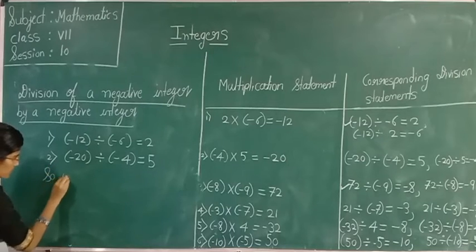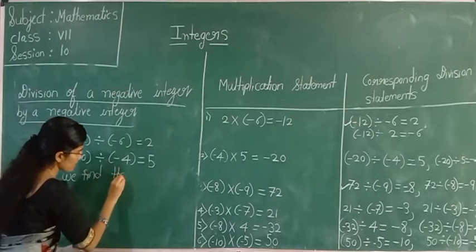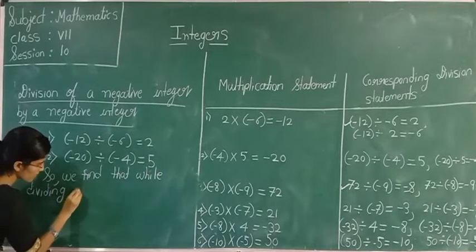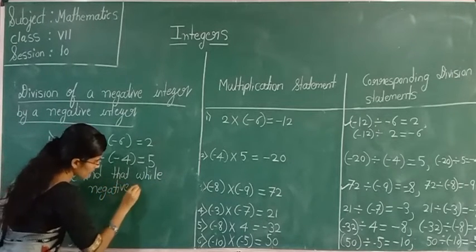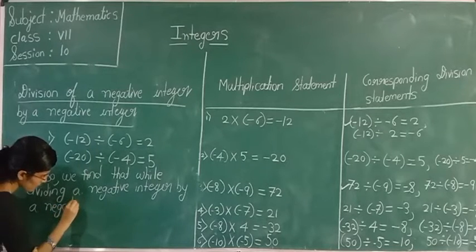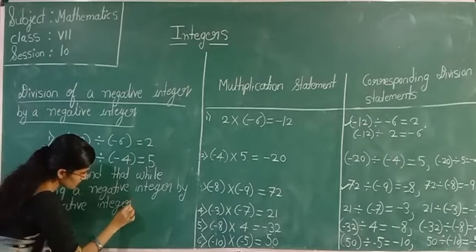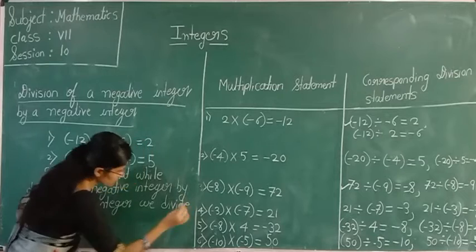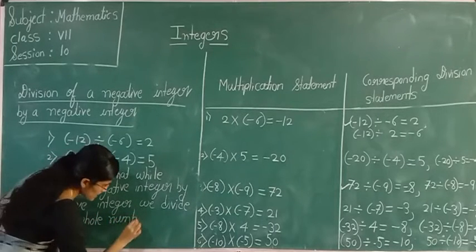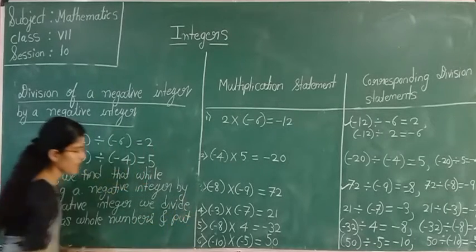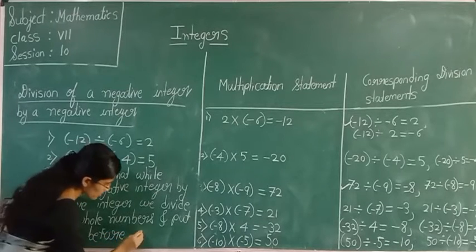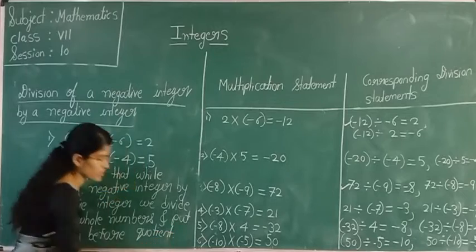So we find that while dividing a negative integer by a negative integer, we divide them as whole numbers and put a positive sign before the quotient.